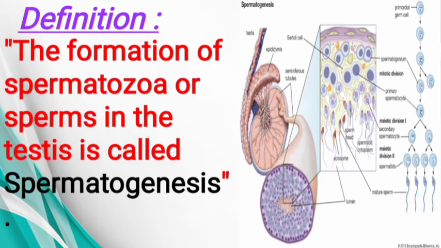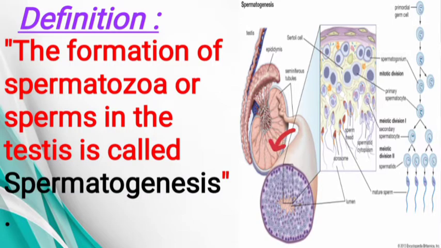It is attached to the dorsal body wall by a connective tissue membrane called the mesorchium. The testis is formed of thousands of seminiferous tubules.